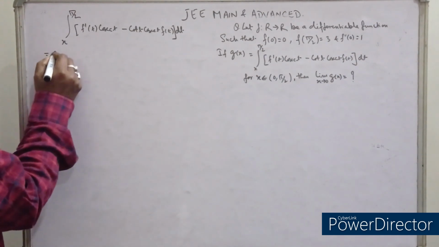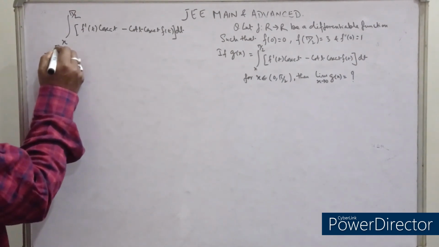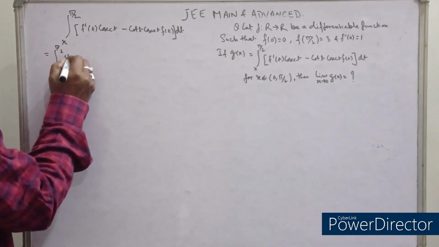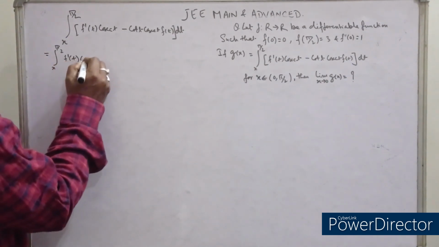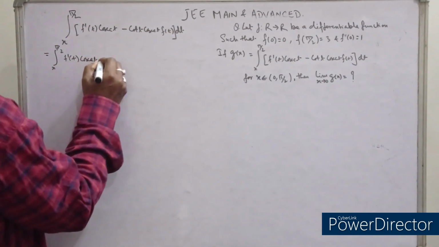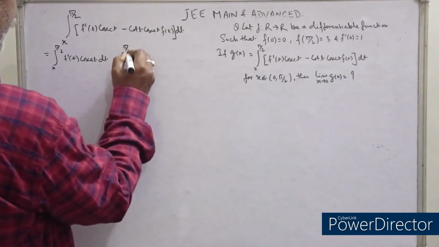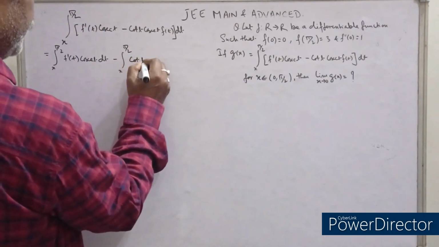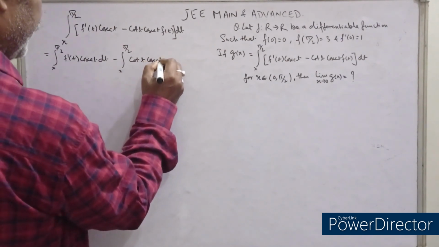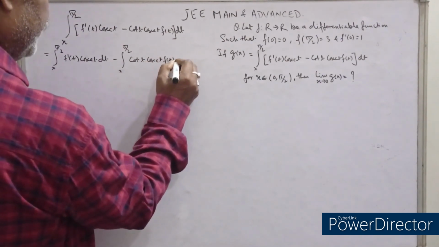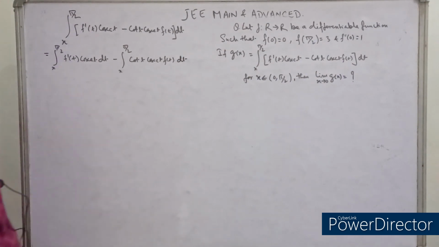So this will be the integral from x to pi by 2 of f dash t cosec t dt minus the integral from x to pi by 2 of cot t cosec t f t dt.